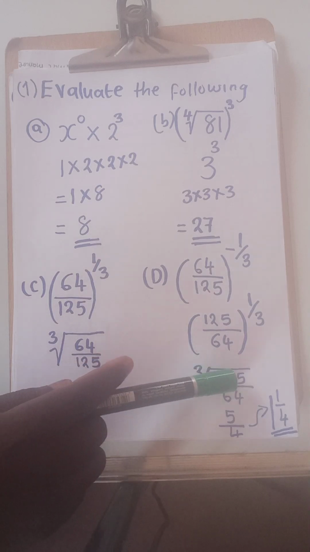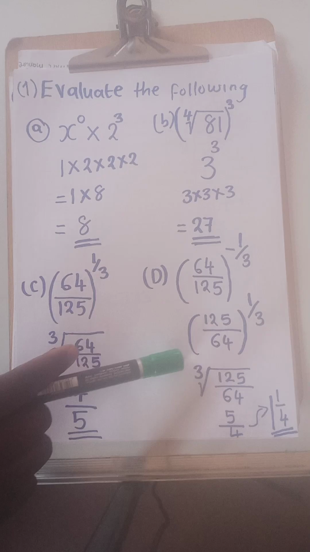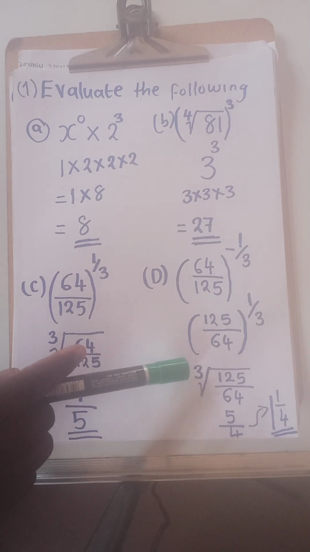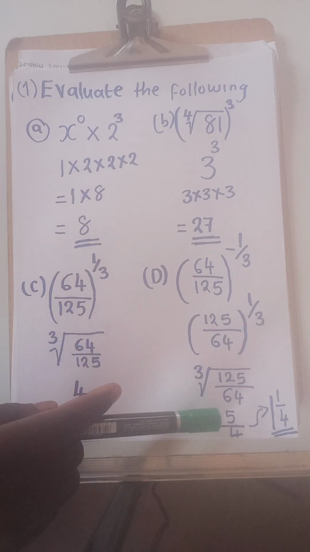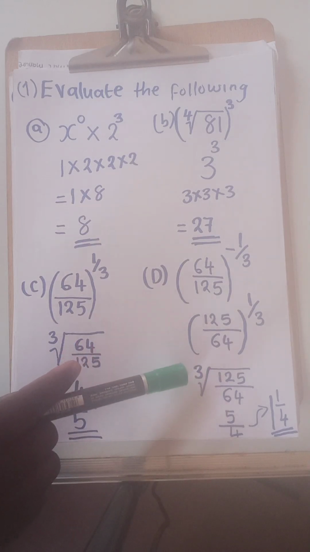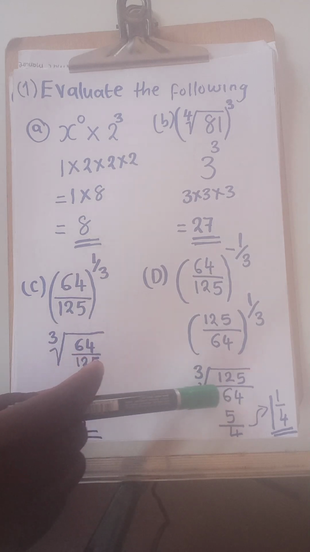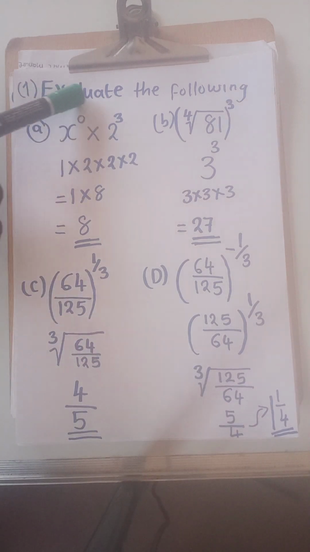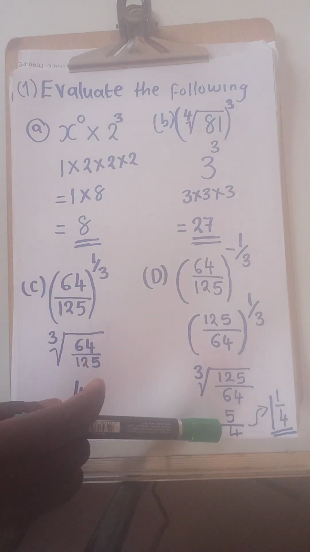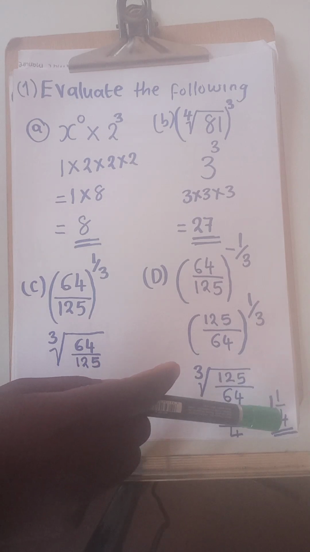You look for a number that, when you multiply it 3 times, gives 125. That number is 5. And for 64, it's 4. Since it's evaluate, you can't end here. So you have to say 4 into 5, it's 1, remainder 1 over 4.